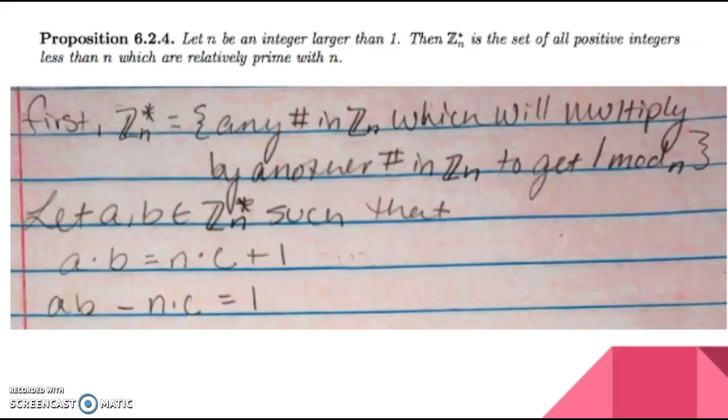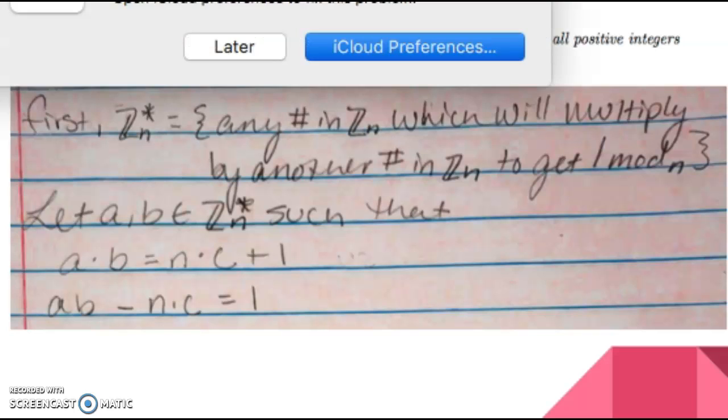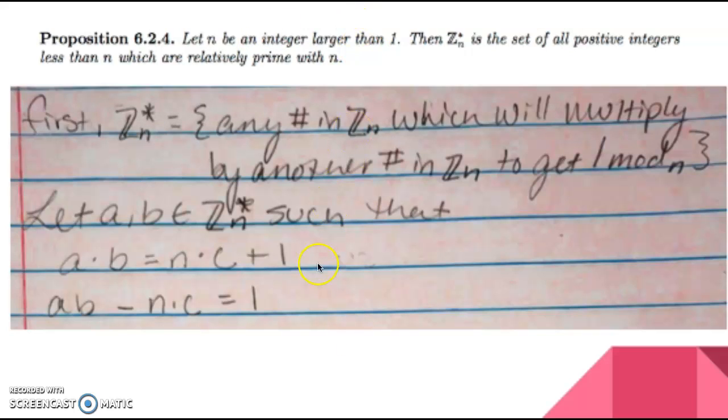In other words, the only elements in the integers modulo n star are those with multiplicative inverses. We start the proof by choosing two elements in the integers mod n star, such that the product is 1 mod n. Using algebra, we are able to get the second equation, which looks very similar to Bezout's identity.